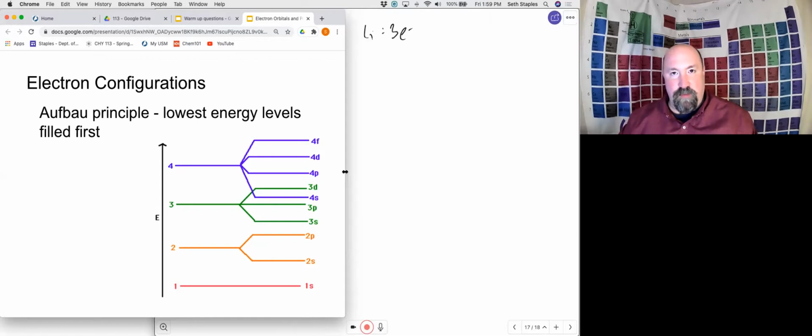Lithium has 3 electrons that we need to place. And so we're going to use the Aufbau principle. We're going to start with Bohr shell 1. Bohr shell 1 only has an s sublevel. We can fit 2 electrons max in the s sublevel. So we're going to put a 2 there. Now, Bohr shell 1 is completely full. The only sublevel that exists in Bohr shell 1 is the s sublevel.